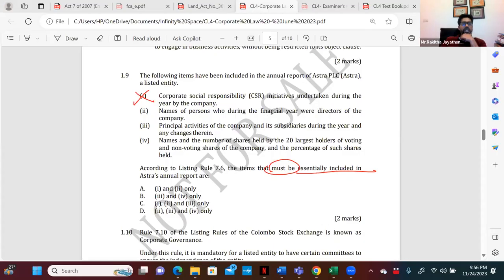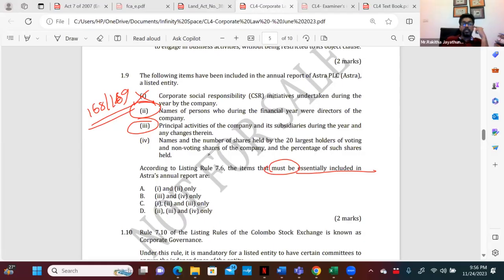Names of persons who during the financial year were directors of the company, very important. Then, principal activities of the company and its subsidiaries during the year and any changes therein. Important. You can go through pages 168 and 169 of the textbook for further information.